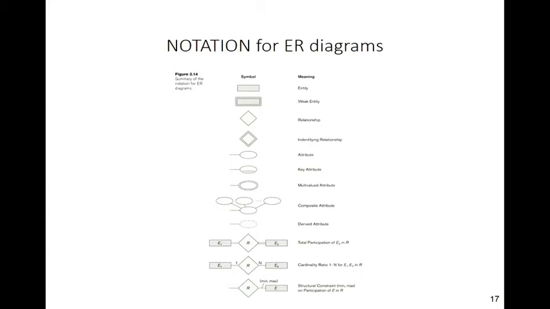Okay. Right, so we also have, down at the bottom, the relationship, and we connect them with lines. So the total participation line, which is the next one, shows 2 lines on one side and 1 on the other, and means everything has to go into that relationship.